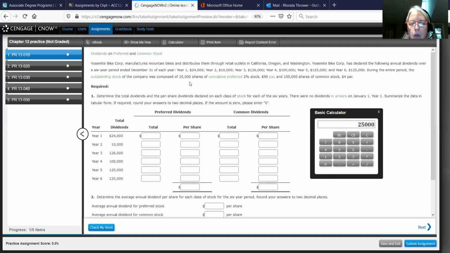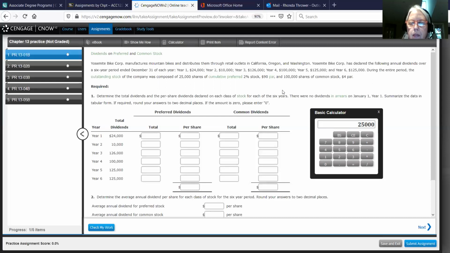We have to do that first because preferred stock has preference over the dividends. We pay our preferred stockholders first before we pay anything to our common stockholders. Notice that this preferred stock gives you a dividend rate of 2%. We also have the par value that's stated for that preferred stock. The 2% dividend rate and the $90 par value are used in determining the amount of dividends that we owe to our preferred stockholders.